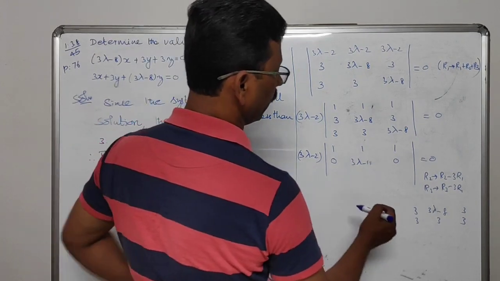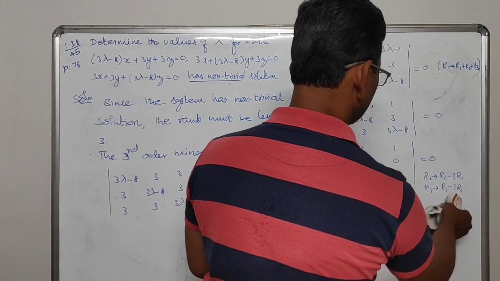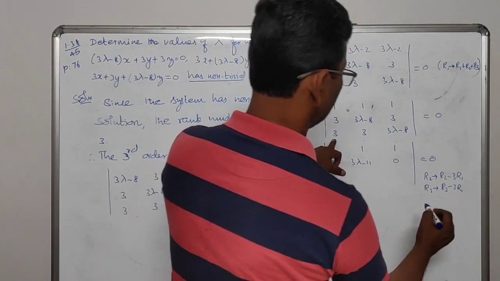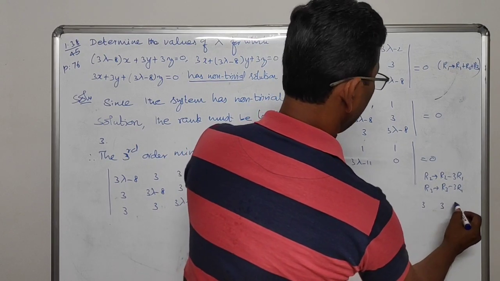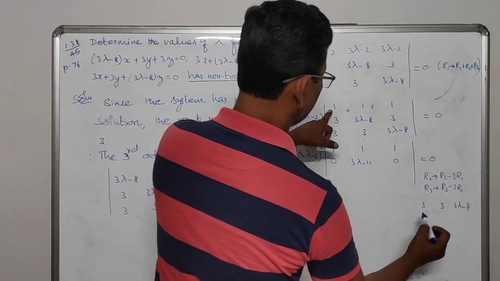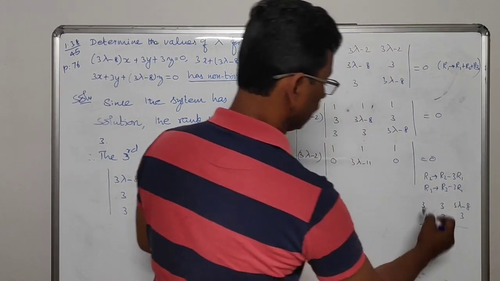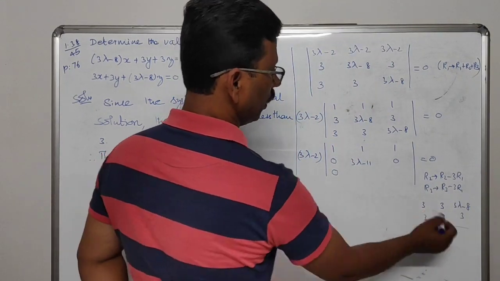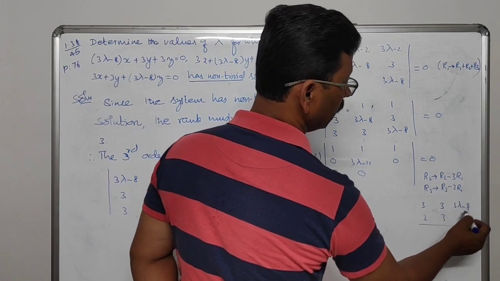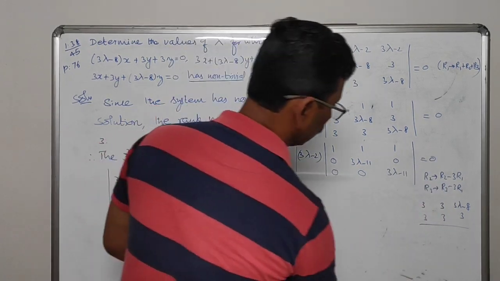Similarly, we go for the next one. First we write R3, which is 3, 3, lambda minus 8. Then multiply R1 by 3. If you subtract, 3 minus 3 gives 0, 3 minus 3 gives 0, then 3 lambda minus 8 minus 3 means 3 lambda minus 11. Like this you can write.